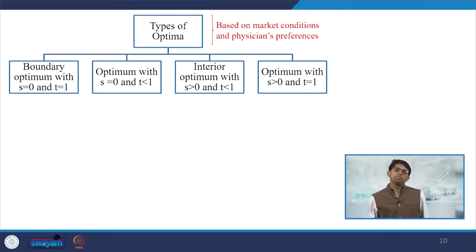So, the optima we can discuss one by one. This is based on the market condition and physician preferences.